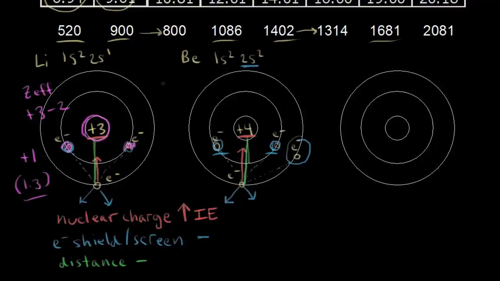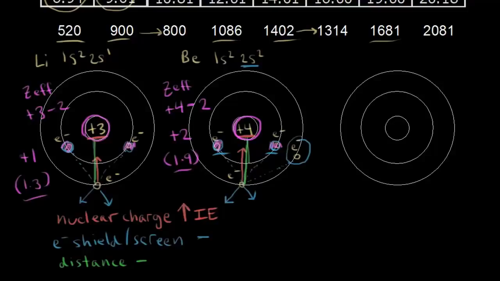For beryllium, the effective nuclear charge would be the number of protons, which would have increased to +4. And the shielding electrons, once again, we're only going to consider these inner shell electrons for our very simplified calculation of effective nuclear charge. And so we would get an effective nuclear charge of close to +2. In reality, it's approximately 1.9 when you do the more complicated calculation.